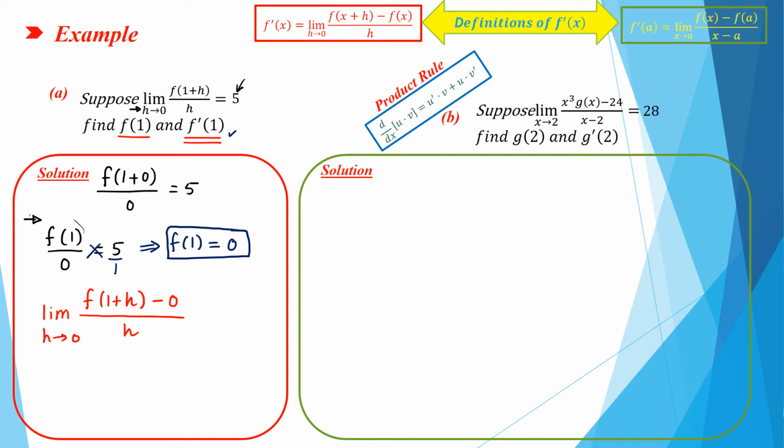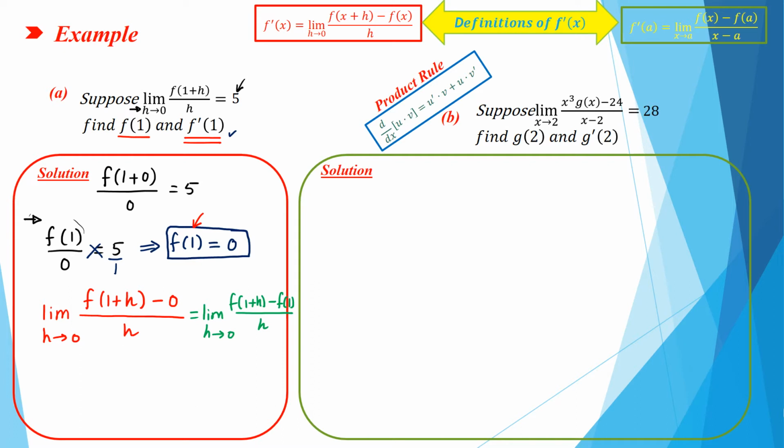But 0 is f of 1, so we can write this limit as the limit of f of 1 plus h minus f of 1 divided by h when h goes to 0.